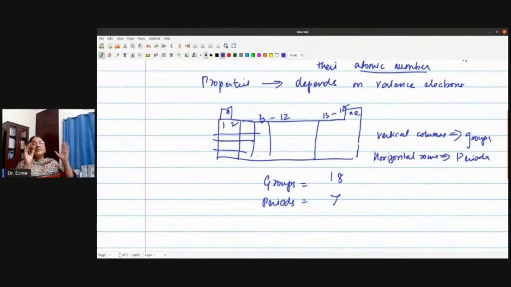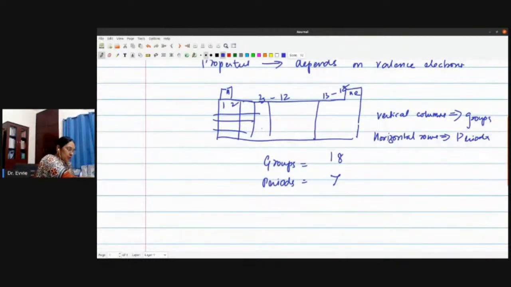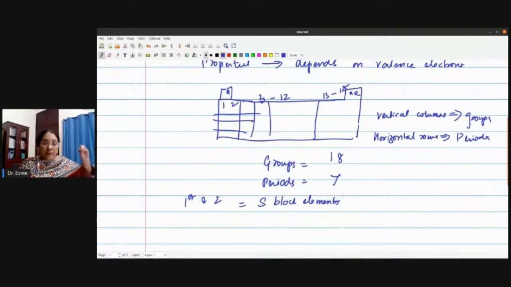Now let me tell you more about the groups. The first two groups, the first and second group, are called the S block elements, because the last electron, the valence electron, goes into the S subshell. By now you would have known how to write the electronic configuration. When you write the electronic configuration, the last electron gets into the S subshell, so they are called S block elements.